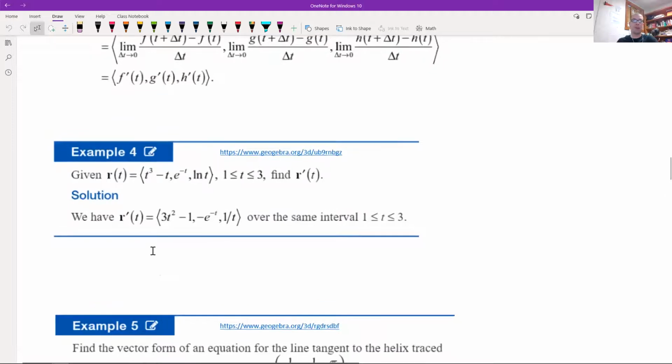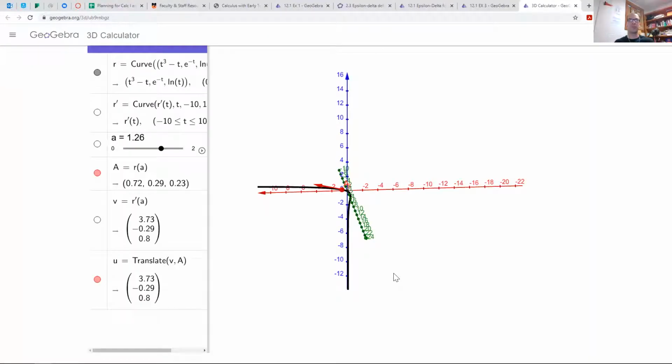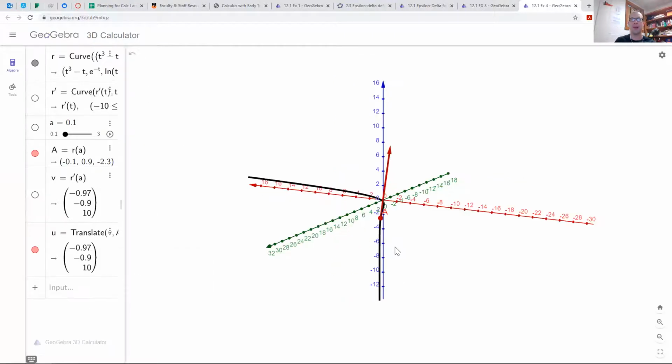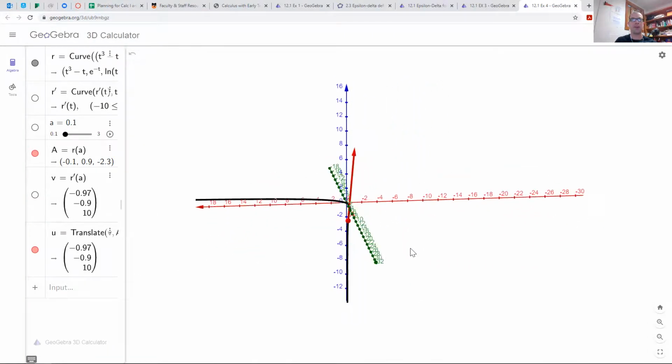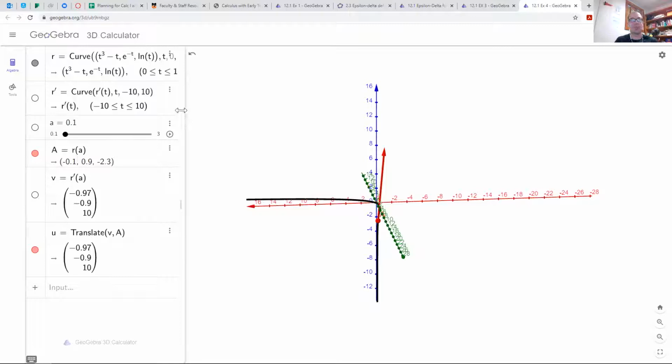So example number 4, we're given our initial vector valued function, and then we take the derivative of the x, take the derivative of y, and take the derivative of the z component, and we get that. In GeoGebra, I've plotted r of t that we were given, and GeoGebra is pretty handy such that if you put this in as a curve initially, you can just use the prime notation.